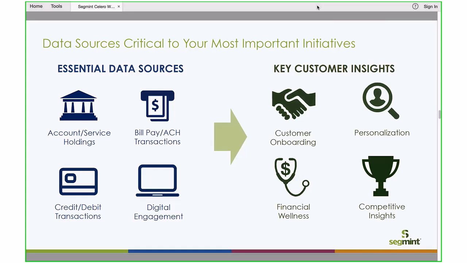However, what we've learned in the history of our company is that there is incredible value and a wealth of intelligence in the first-party data assets that forward-thinking financial institutions today are leveraging to address several in-market use cases like onboarding, engagement personalization, financial wellness, competitive insights, and more.